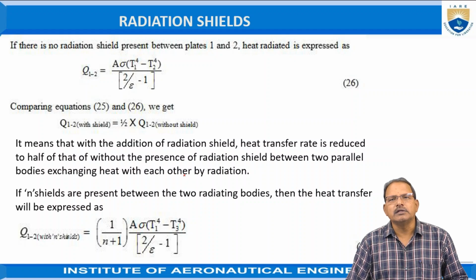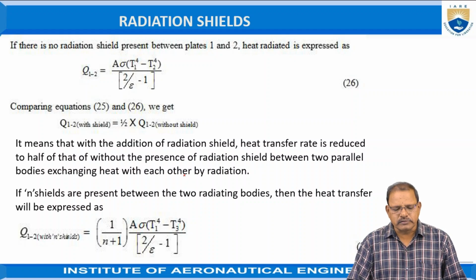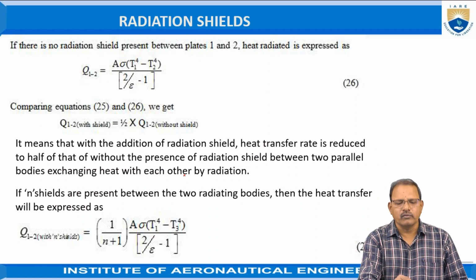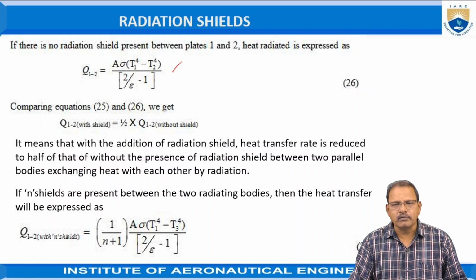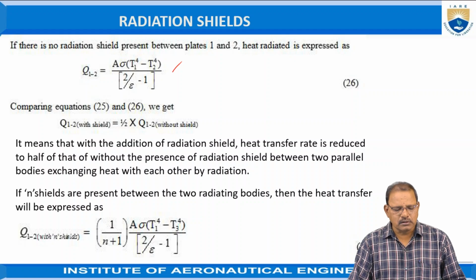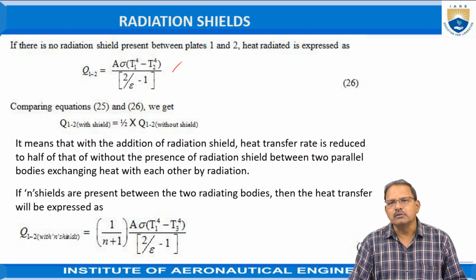If there is no radiation shield present between plates 1 and 2, the heat energy radiated is expressed as Q12 equal to A into sigma into T1 to the power of 4 minus T2 to the power of 4 divided by 2 by epsilon minus 1. Comparing these two equations, we get Q12 with shield equal to just half of the energy flowing from 1 to 2 without shield.